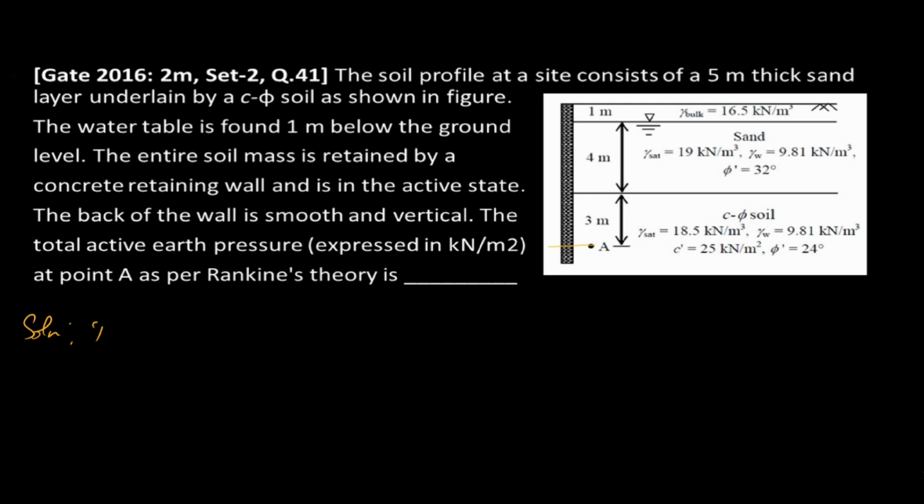At point A, the active earth pressure PA will be nothing but Ka sigma V minus 2C root Ka.